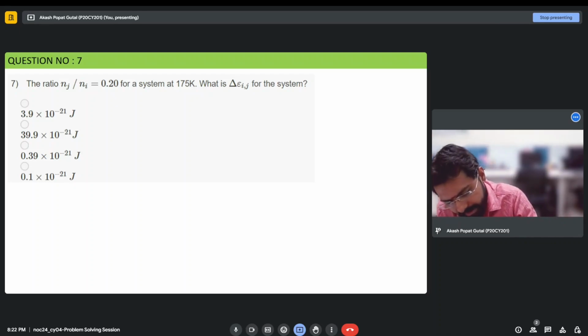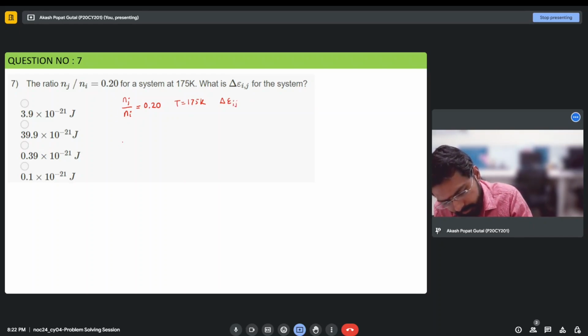So we have Nj by Ni as 0.20, the system temperature is 175 Kelvin, and we need to calculate delta epsilon ij for the system.